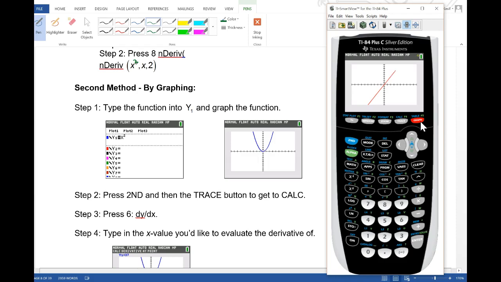So if I wanted to figure out the value at 6, I get 12. That means on my original graph, when x is equal to 6, my slope is 12, the slope of the tangent.